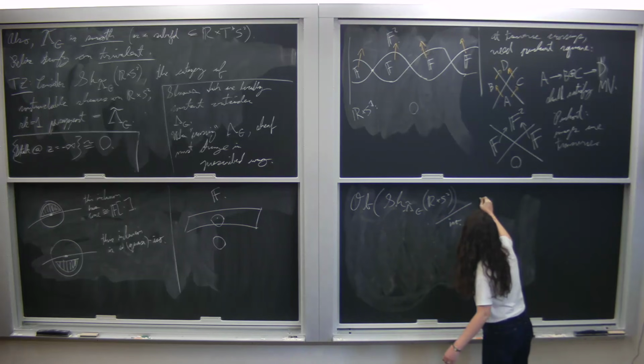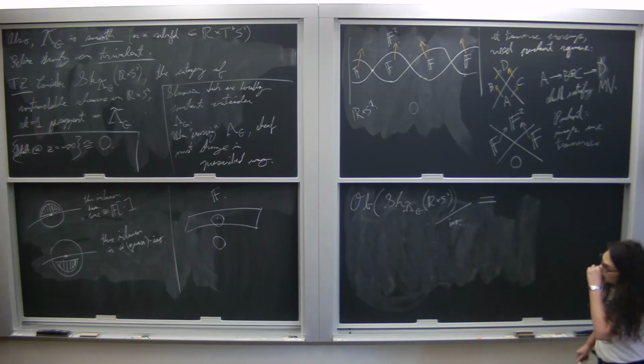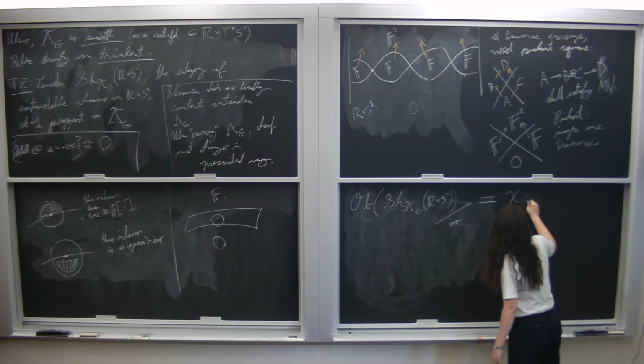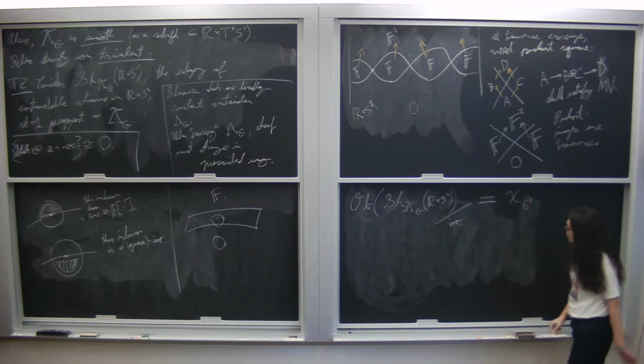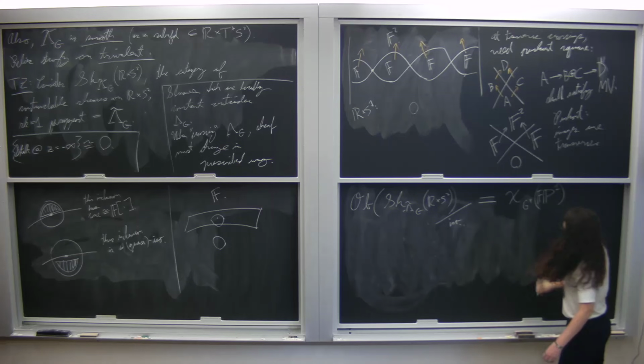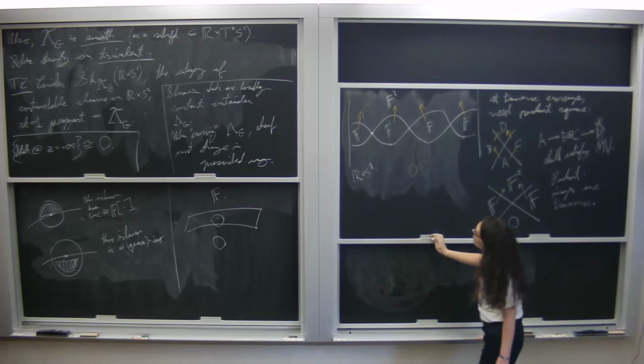So this is just equal to what I'll denote as chi G star, taking colors from FP1. And what do I mean by that? Let's return to this picture.